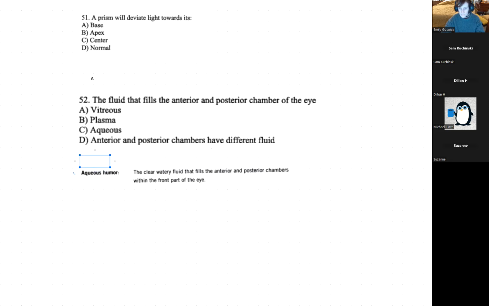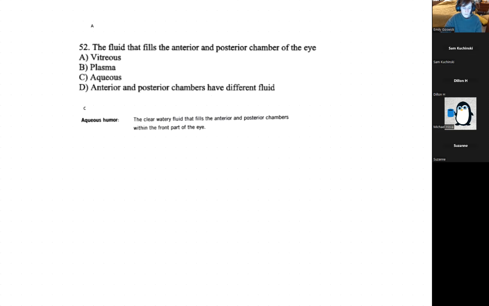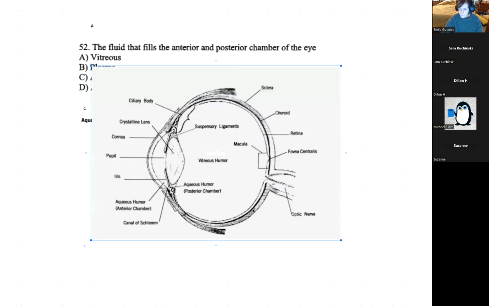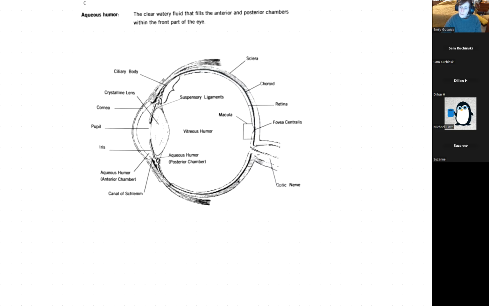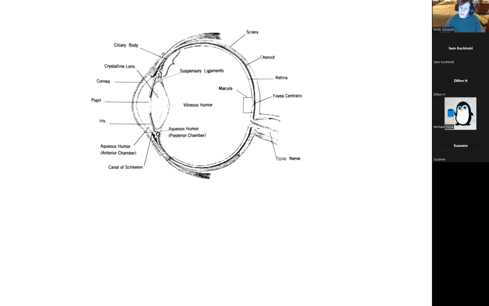Whoops. A picture of the eye to hopefully further illustrate that. But you might be wondering, what are the anterior and posterior chambers? Okay, so it shows you the aqueous humor in the anterior.